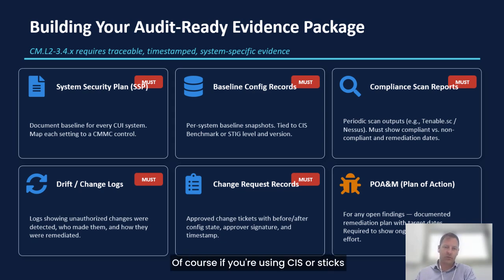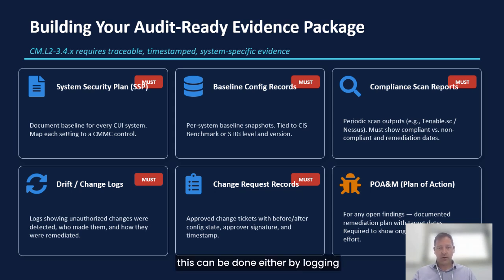Of course, if you're using CIS or STIGs as a reference to the baseline, it's one thing, but it's also very important that at the end of the day, you are scanning against your formal baseline. So the compliance scan output or vulnerability scan, which are pretty much the same, are critical for when an auditor is coming in.